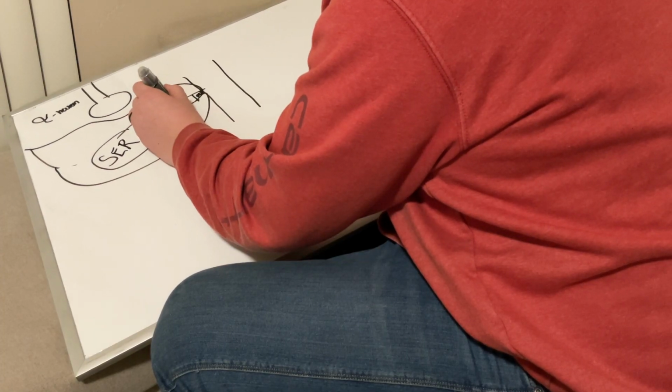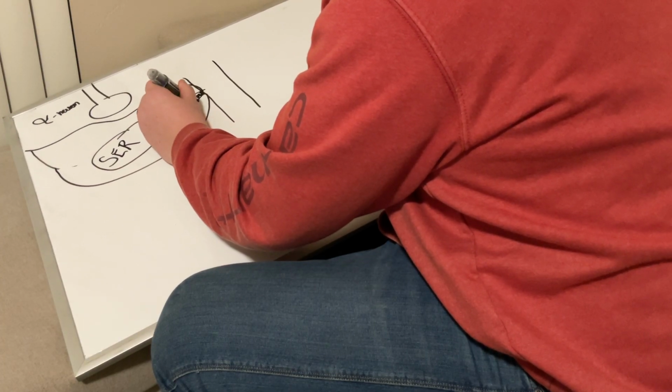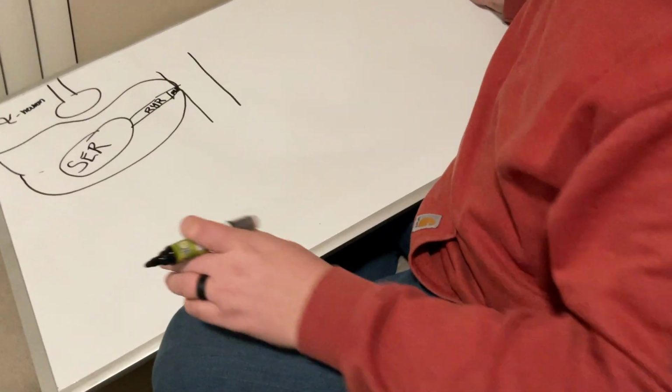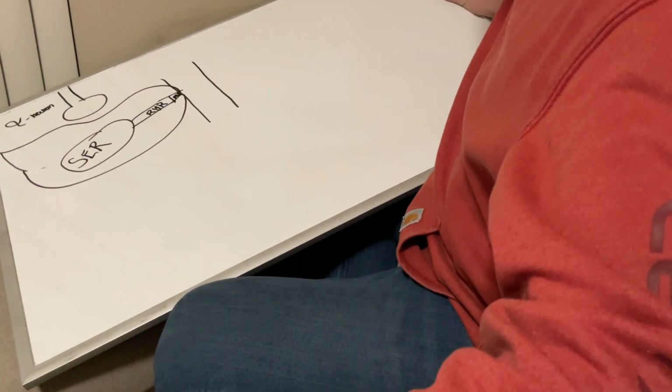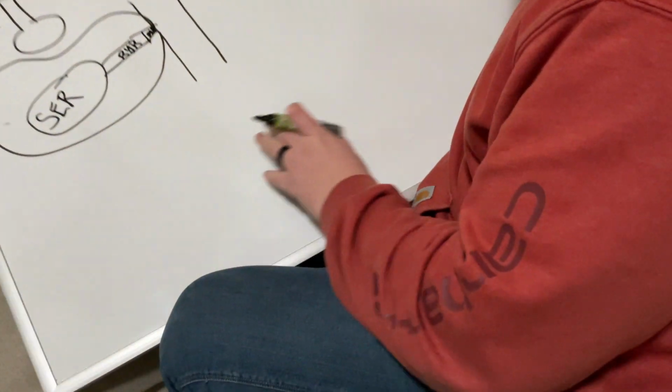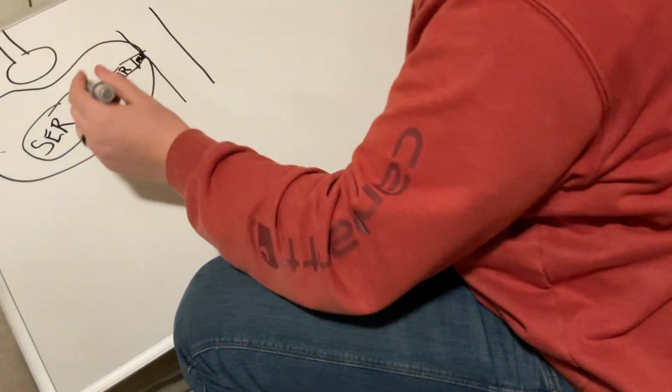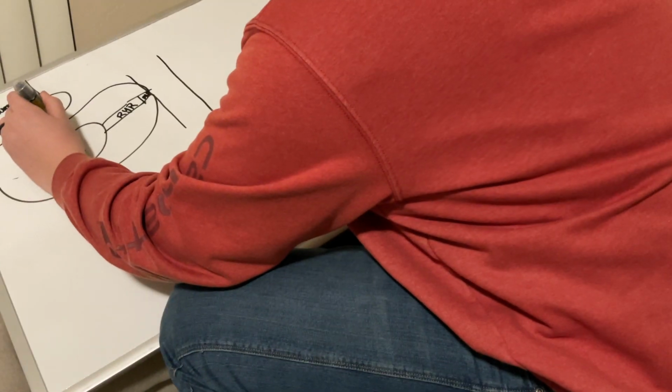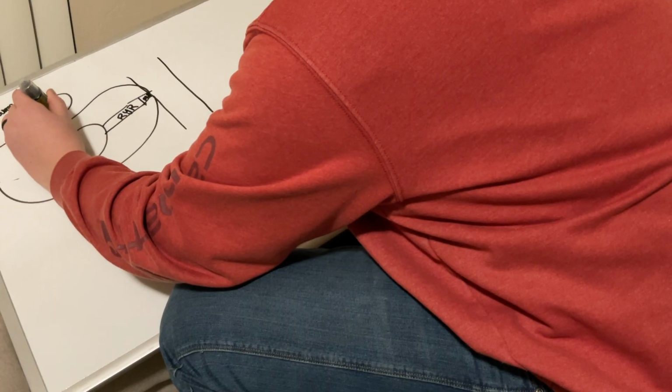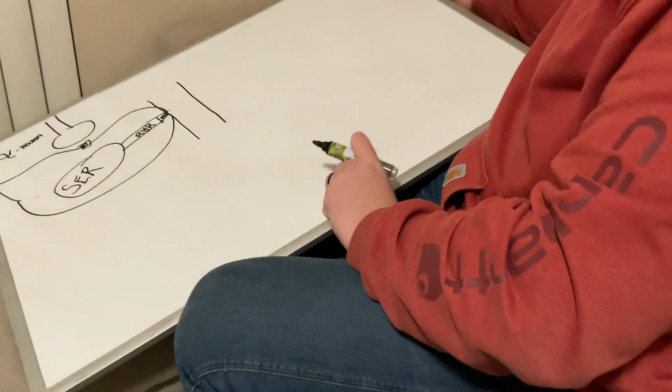So I'm just going to draw this out first. So here I have the alpha neuron coming on, and here we have an N2 receptor.